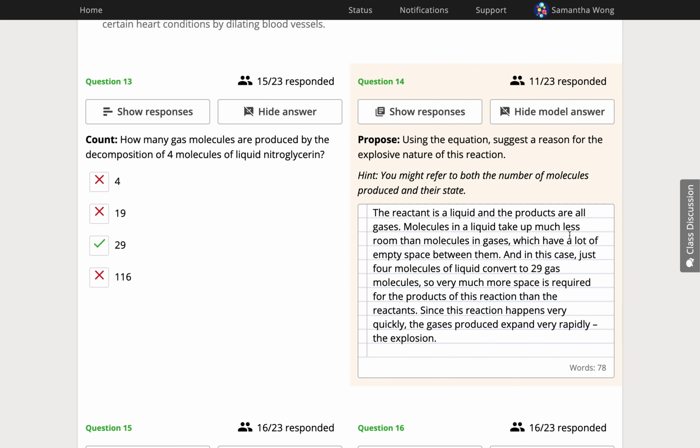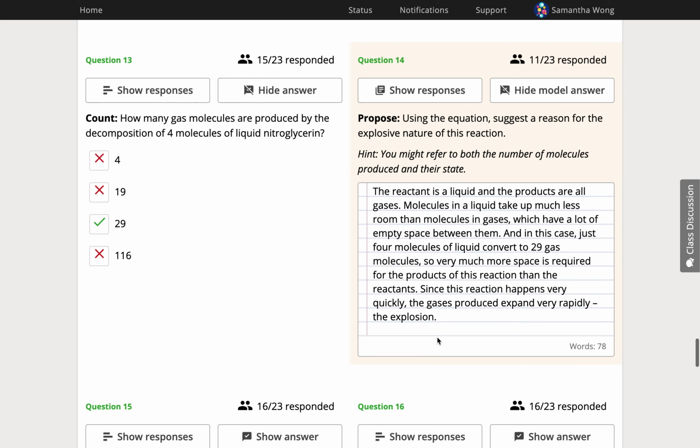So you end up with more than you started with for the molecules and how much space it takes. So since this reaction happens very quickly, the gases produced expand very rapidly, which is also seen as the explosion. So the expansion of the gas is what we know as the explosion.